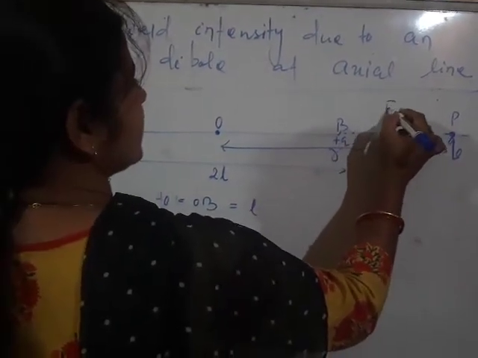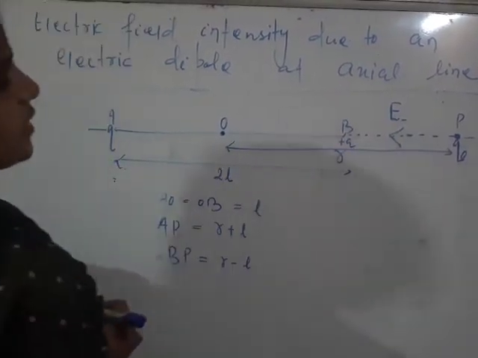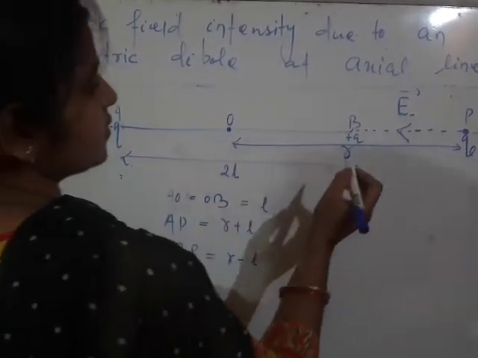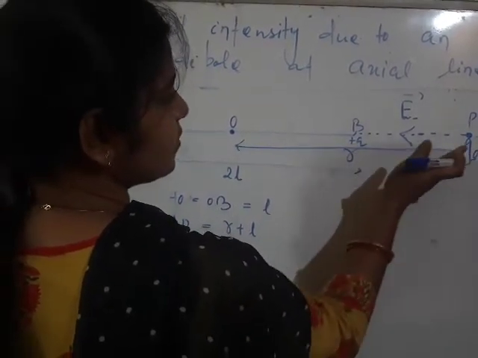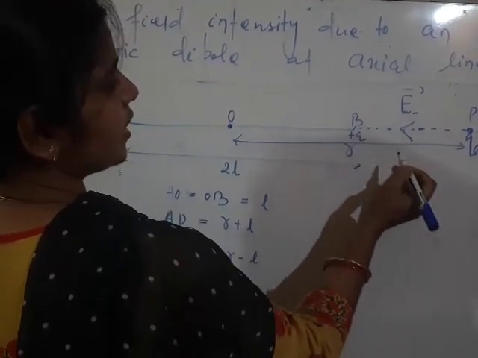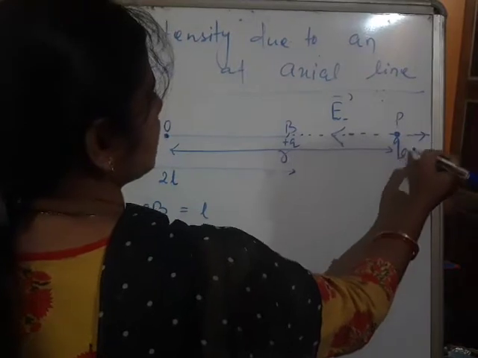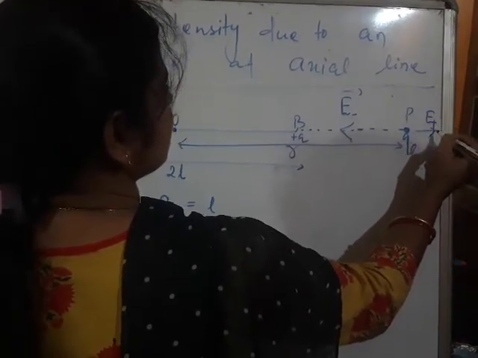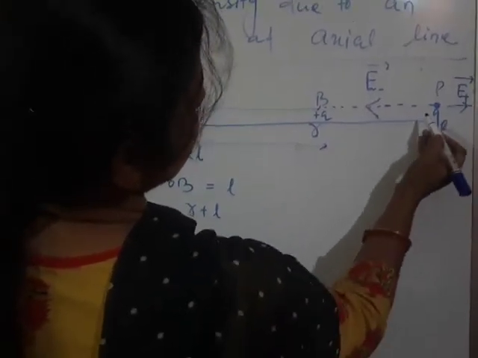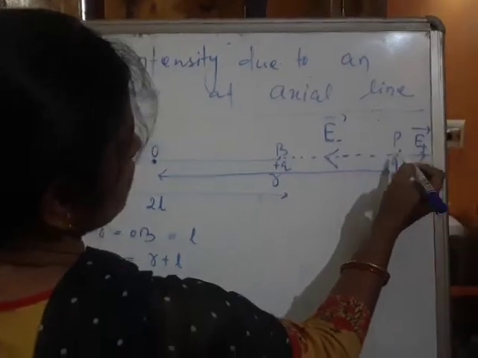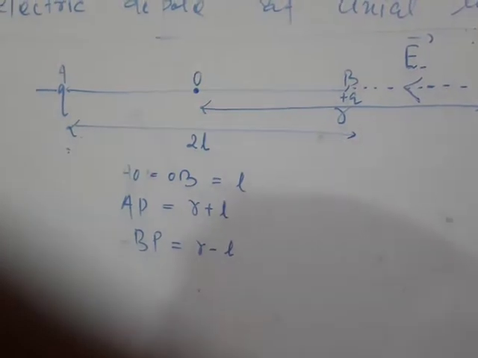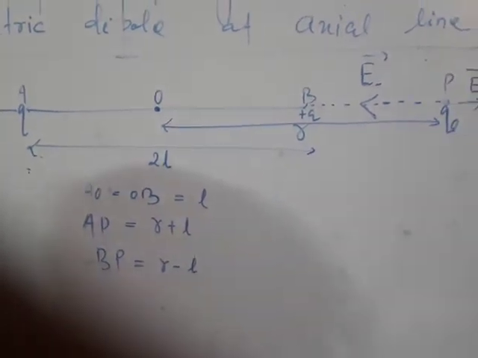So we represent it as E minus due to the minus charge. And since plus q is here, plus q repels the q naught charge, so the electric field intensity due to this plus q charge is away from q naught. So the direction of E plus is away. We can observe that E minus and E plus are opposite to each other, so the angle between them is 180 degrees.